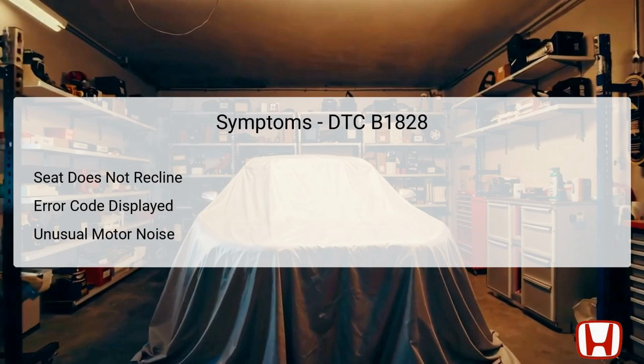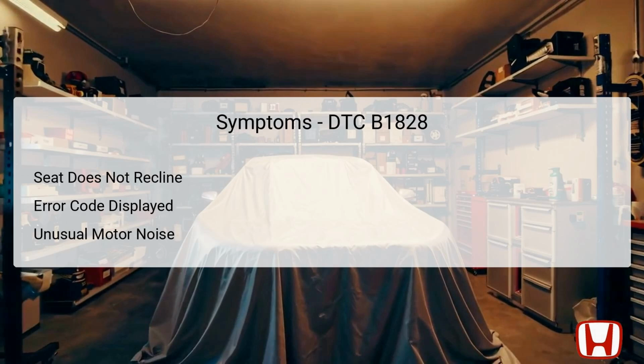When experiencing the DTC B1828 error, several symptoms may arise indicating issues with the seat recline motor. The most apparent symptom is the driver's seat failing to recline smoothly or at all, which can affect driving comfort over extended durations. The presence of the error code itself on the dashboard or diagnostic tool alerts the driver to an underlying issue.